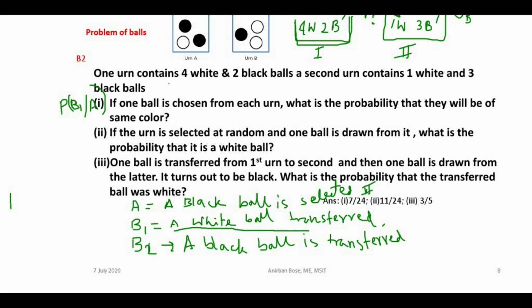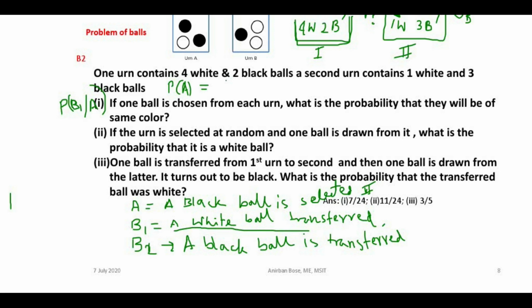To find that, we first find the total probability of A. Observe that the probability of A is equal to this: if a white ball is transferred from urn 1 to urn 2, then what is the probability of getting a black ball?